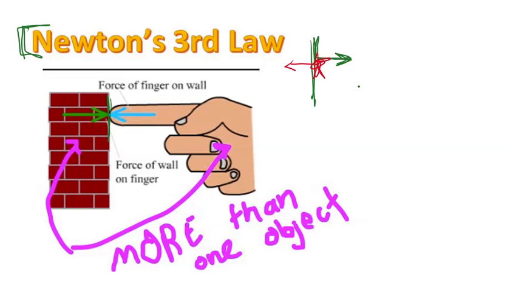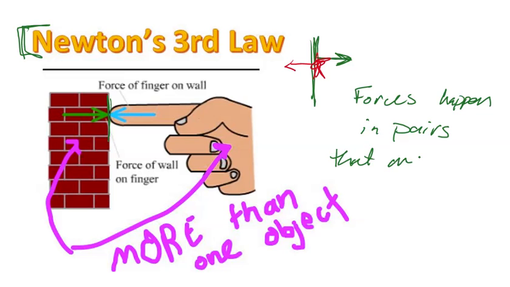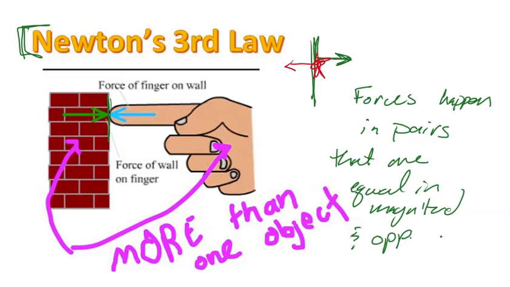But basically, a simple way to put this: forces happen in pairs that are equal in magnitude and opposite in direction. I know you might have heard this as "for every action there's an equal and opposite reaction." If you think about it, that's really not specific enough because this deals with forces.